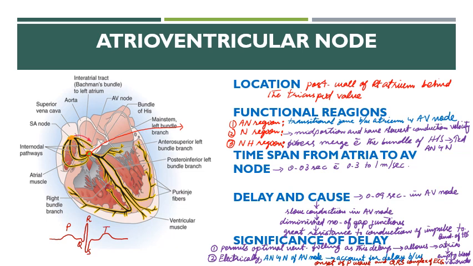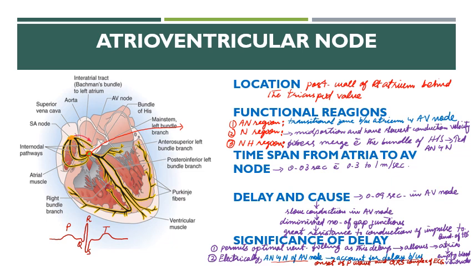So, as I mentioned, electrically AN and N regions of AV node account for delay between onset of P wave and QRS complex.